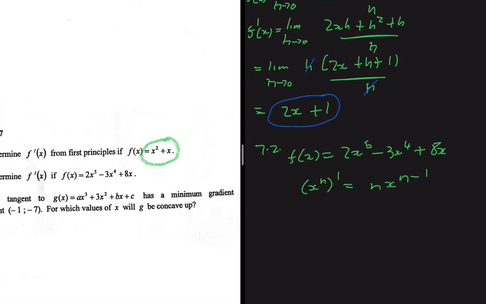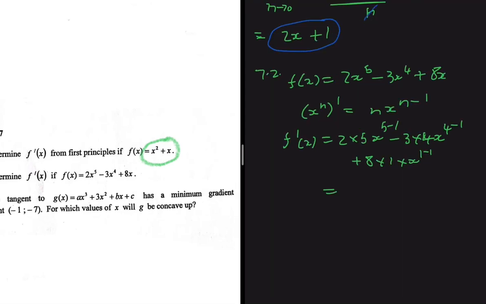So if we apply this here, we're going to get f prime of x equal to 2 multiplied by 5, and then x to the 5 minus 1, minus 3 multiplied by 4, and then x to the 4 minus 1, and then plus 8 multiplied by 1, and then multiplied by x to the 1 minus 1.